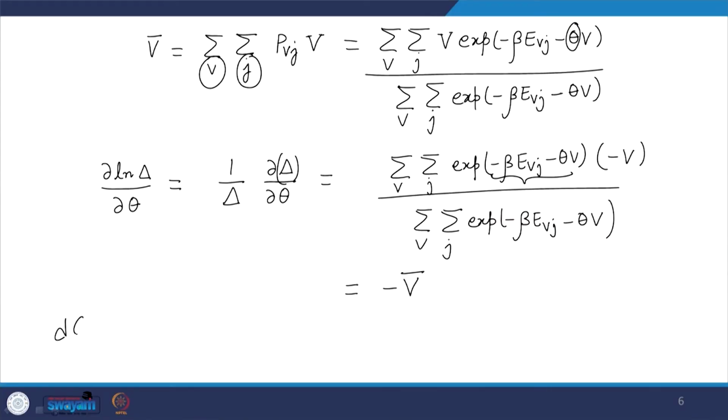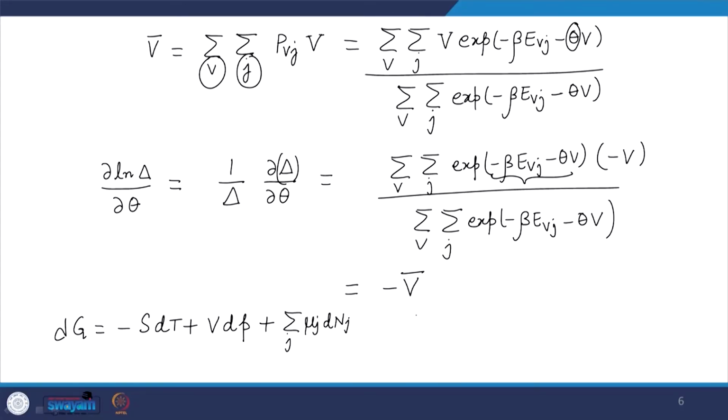So, now if I compare that with the differential form of dG, the Gibbs free energy, what we see is that dG is minus S dT plus V dP plus summation of j mu_j dn_j. It does not matter if we are doing it for a multi-component system, because the derivative does not apply to the last term in this case. So, what we have is dou G by dou P at constant temperature and number of molecules is equal to volume.